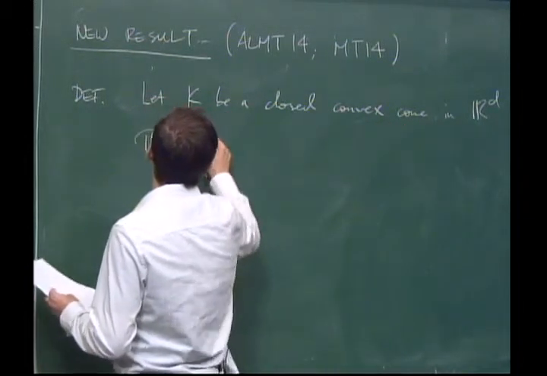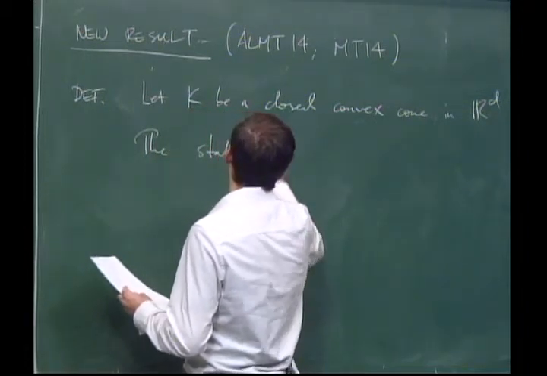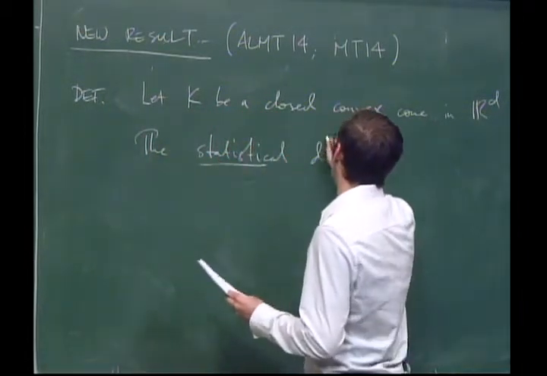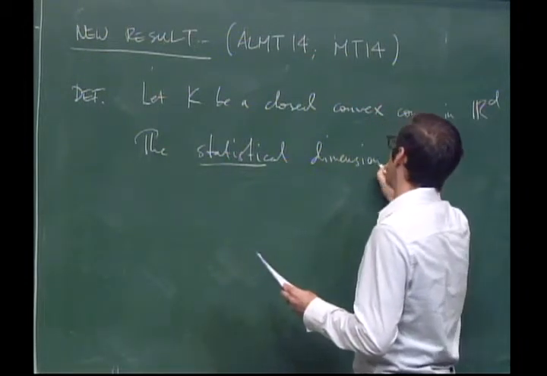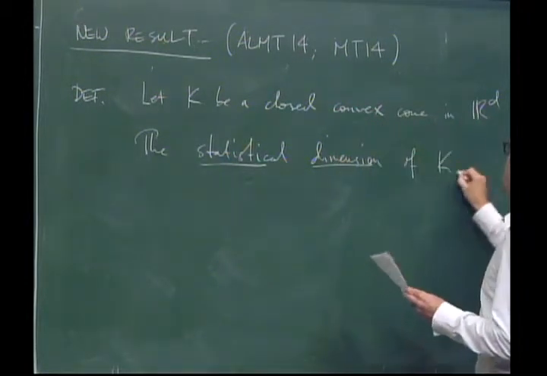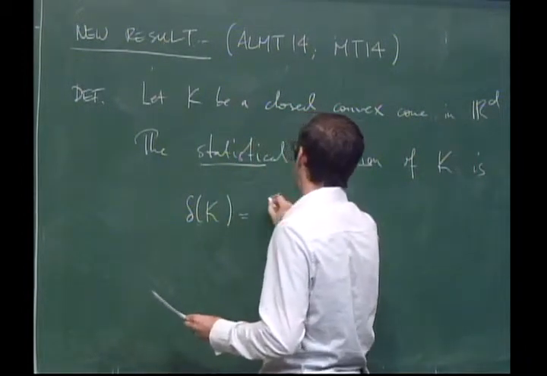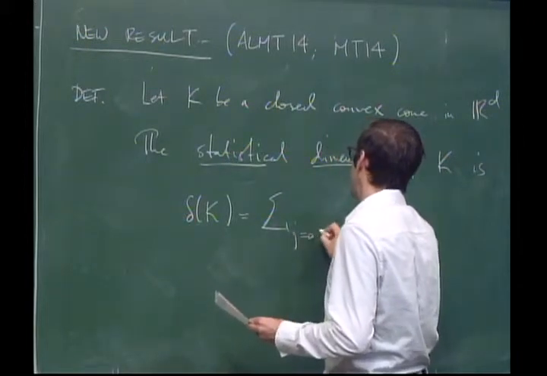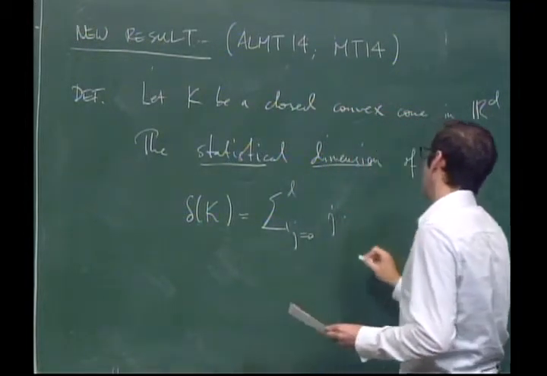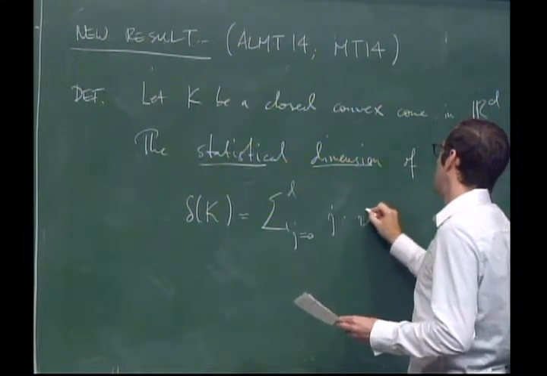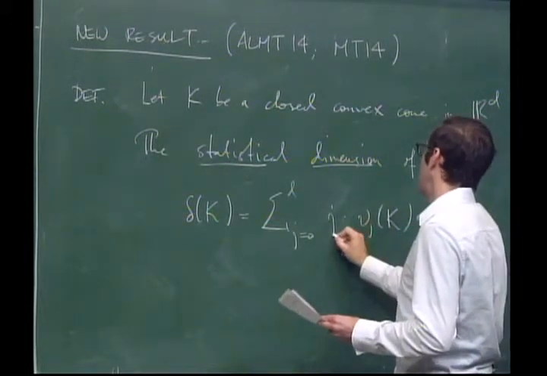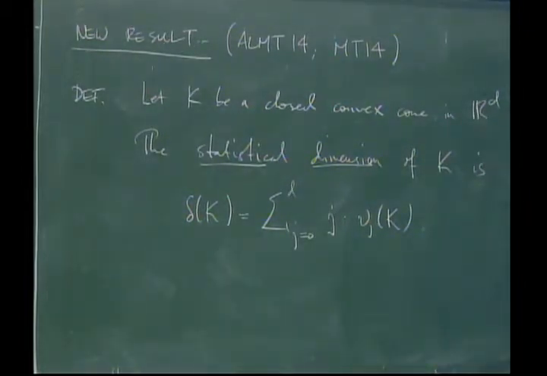The statistical dimension of K is the number delta K, which is obtained by summing from j equals 0 to d the index j times the jth intrinsic volume of the cone K. Now, at this stage, it's not at all obvious that this is in any way easier to get your hands on than the intrinsic volumes.